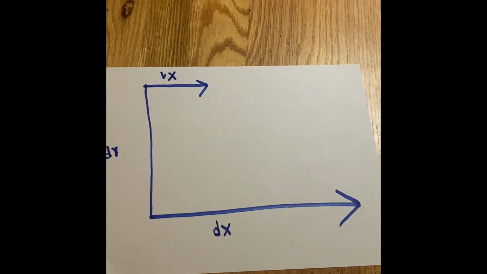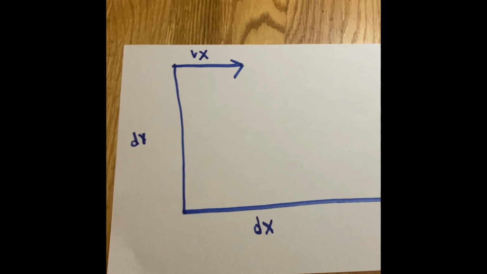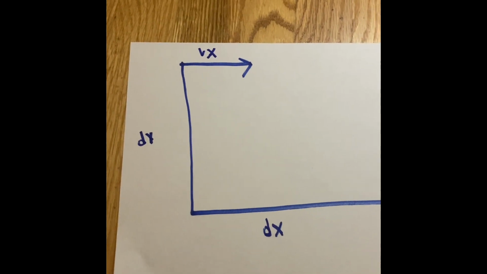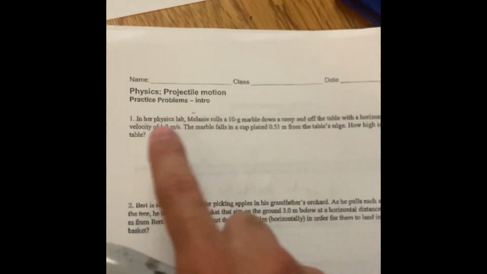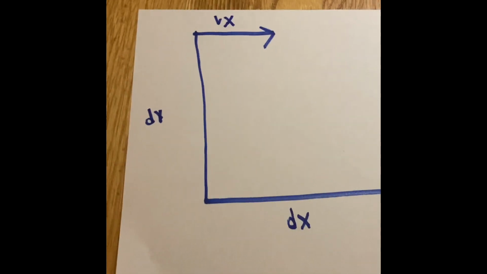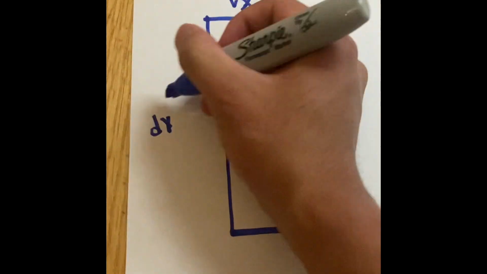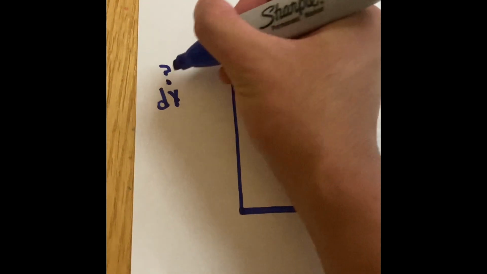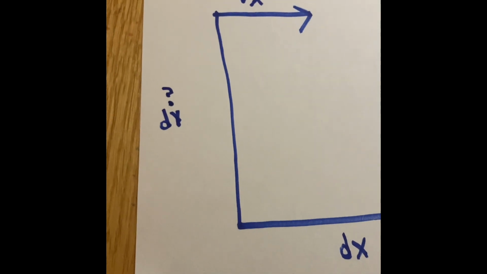If we have vx, dy, and dx, then we know what we're trying to look for. The problem literally states, how high is the table in the first place? So we know we have information for dx and vx, but we have no idea what the distance on the y-axis is, the height of the table.